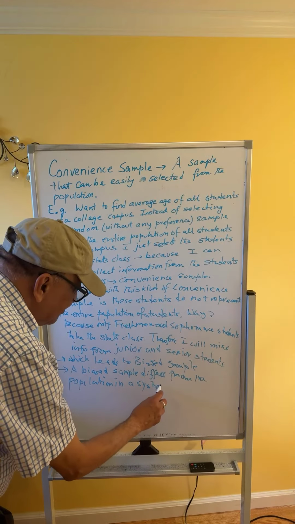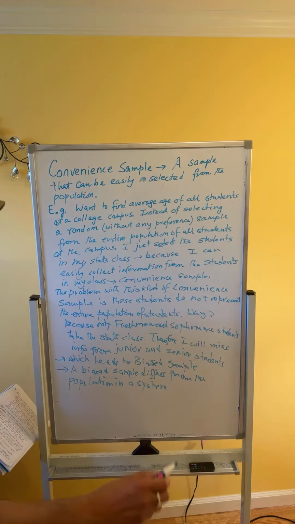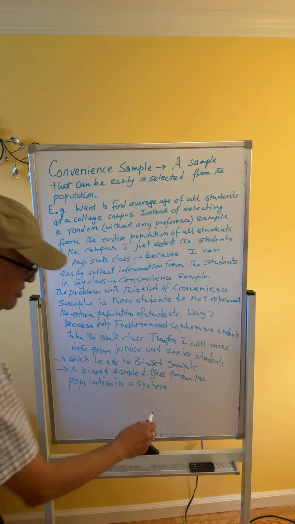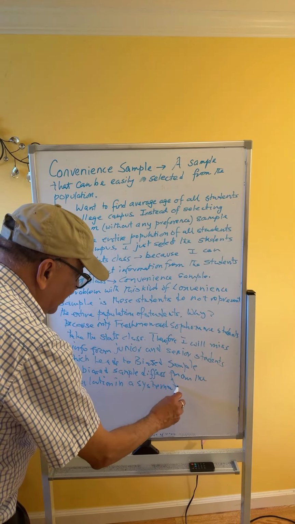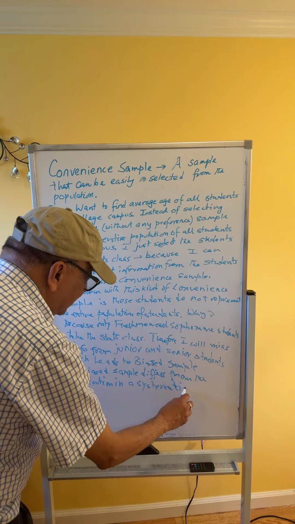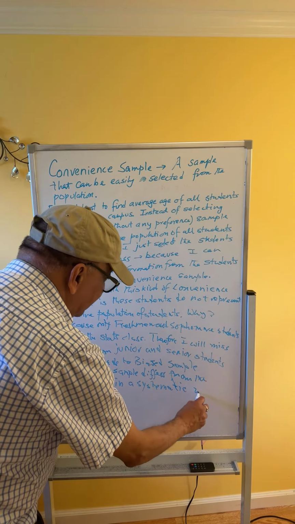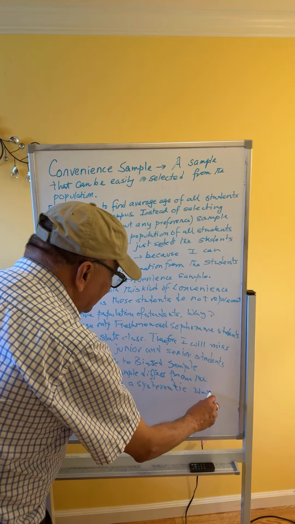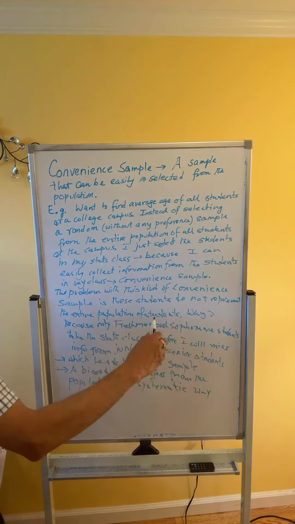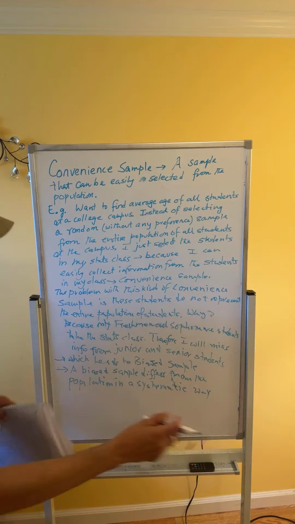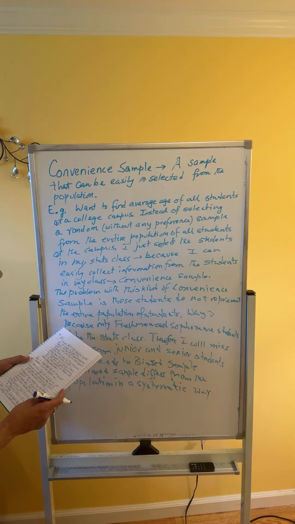In my case, I'm missing information totally from junior and senior students. So I'm missing information from that part of the population. And my systematic way is that I only collect information from freshmen and sophomore students who attend my class.